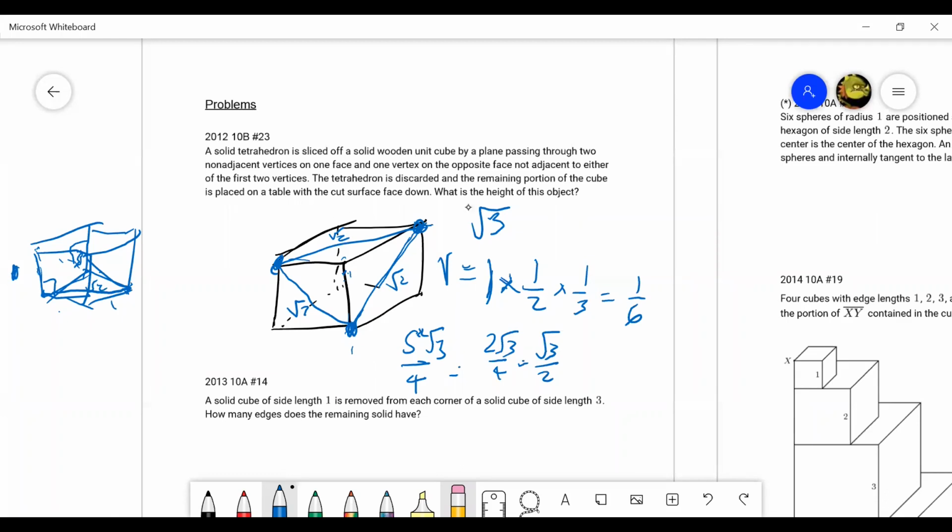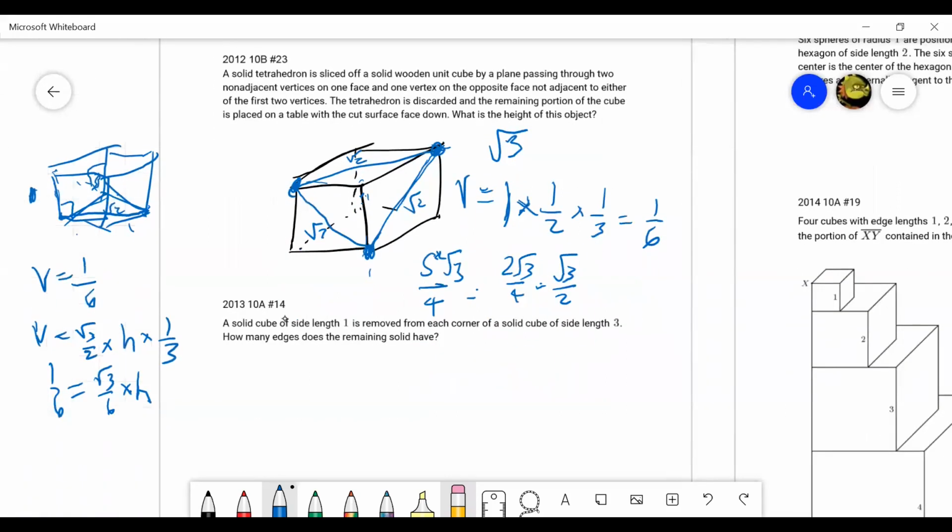And now you would have to find volume using this and the height. So the volume is equal to 1/6. And we also know the volume is equal to the square root of 3 over 2 times this height we don't know times 1/3. So this means that volume is equal to the square root of 3 over 6 times the height, and the volume is 1/6.